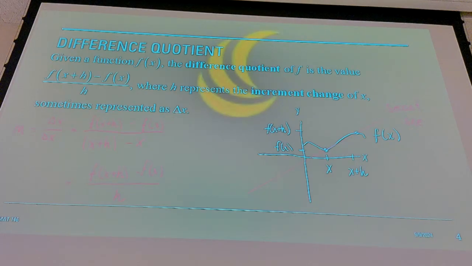That gives f of x plus h minus f of x all over h, which is the difference quotient. So the difference quotient is also the slope of the secant line connecting the 2 points. We'll expand on that in Calc 1.